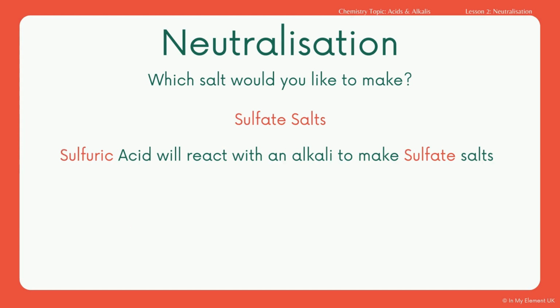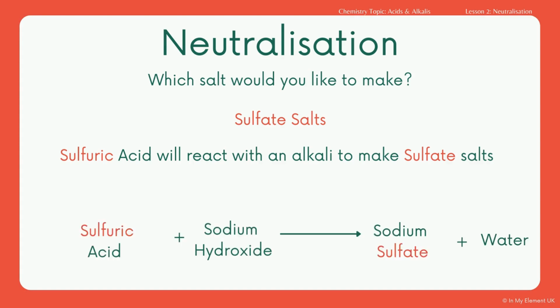And then finally, sulfuric acid. You can make sulfate salts. So sulfuric acid will react with an alkali to make sulfate salts. We're going to use sodium hydroxide as our example again. So you're going to have sulfuric acid reacting with sodium hydroxide to form sodium sulfate and water.